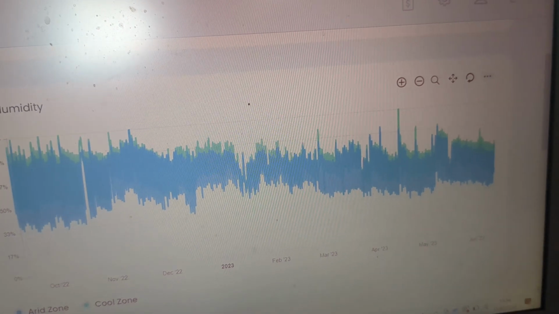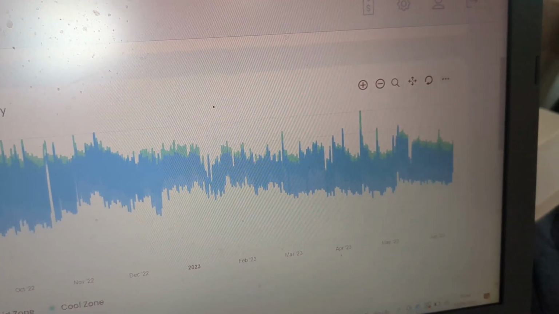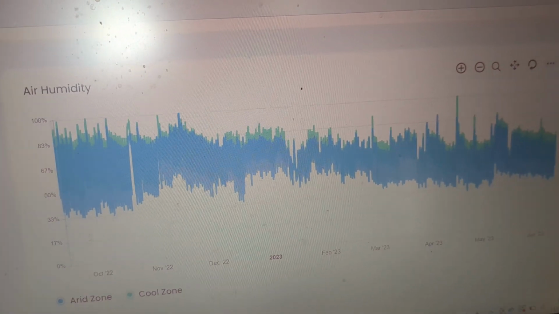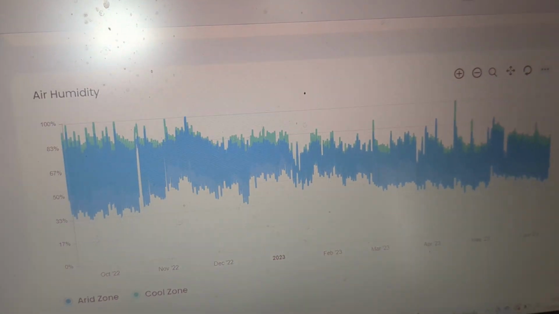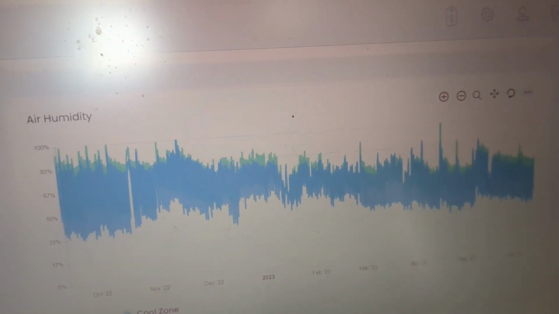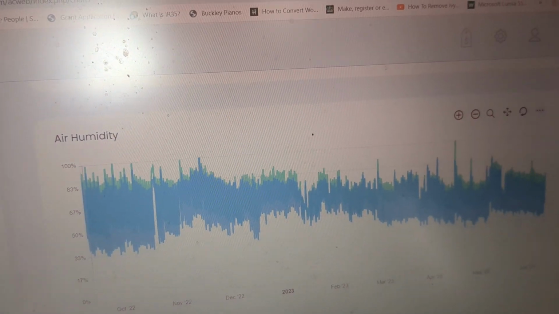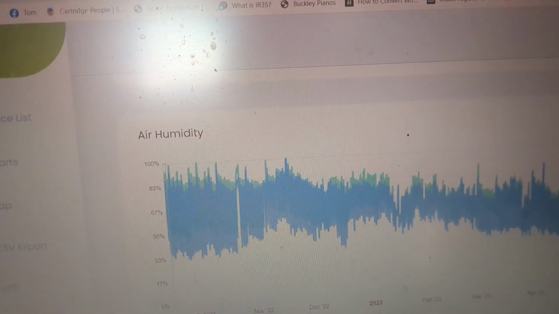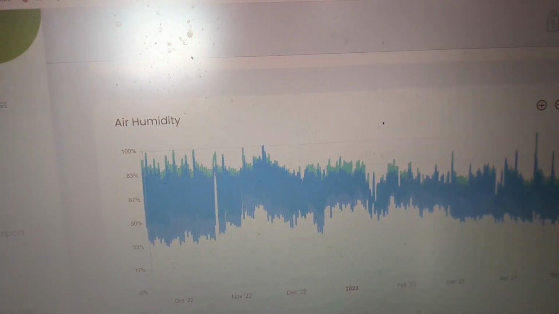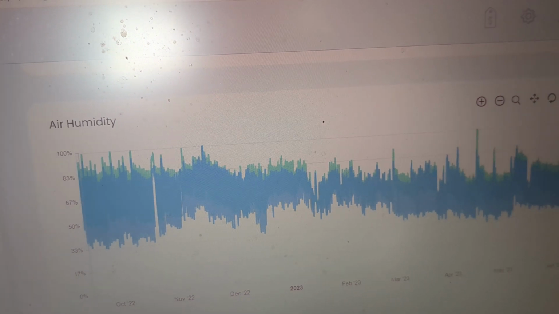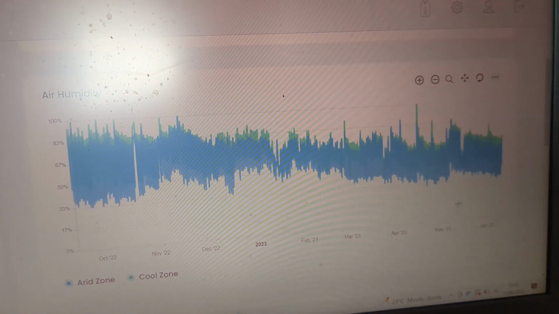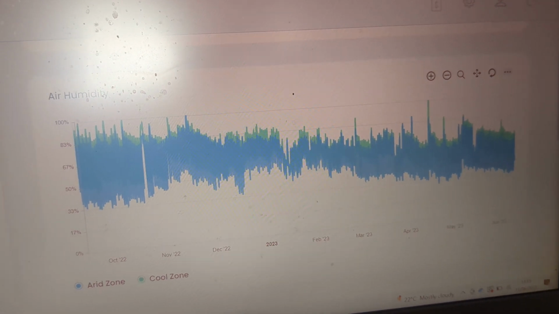Now I'm not a meteorologist or scientist by profession. This is just data I've researched, me, myself, and technology that I'm using to try and mimic it as close to what it would be like in the wild. Yeah, it's fun.